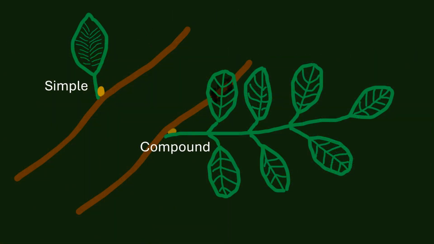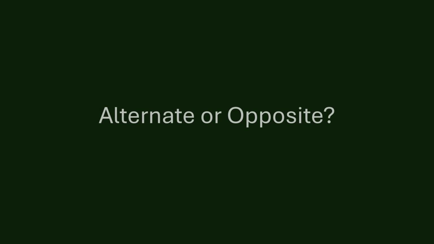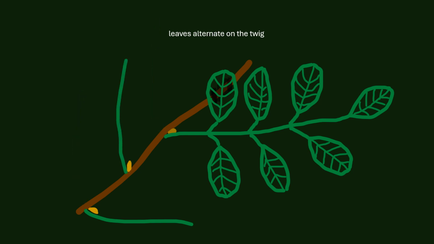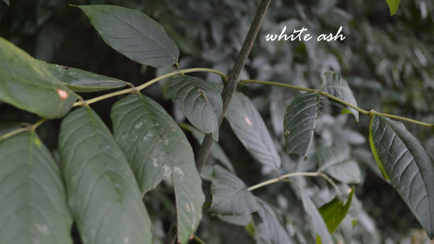The ability to recognize whether a leaf is simple or compound is one of 2 skills needed to begin classifying hardwood trees. The second skill is the ability to identify whether the leaf is alternate or opposite, that is, whether the leaves are paired along the twig or alternate along the twig. This is especially obvious with compound leaves.